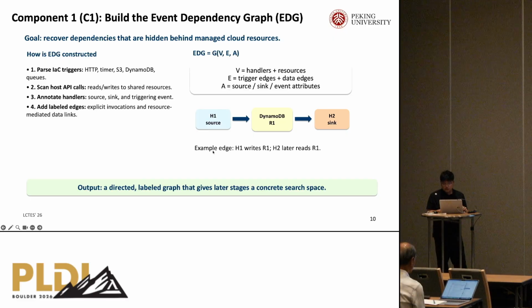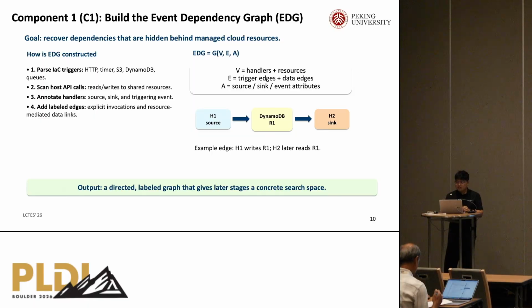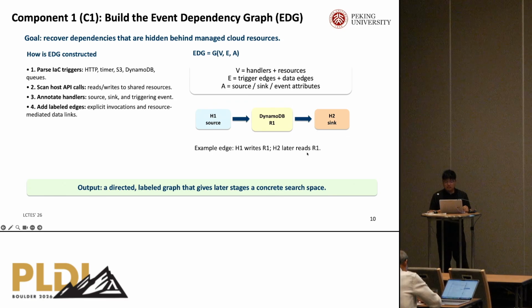Then we introduce the three components. Component 1 solves challenge 1 by building the event dependency graph, abbreviated as EDG. The input is IaC plus handler source code. First, SymFlow parses declared triggers such as HTTP, timer, S3, DynamoDB, and queues. Second, it scans host API calls to discover which handlers read or write shared cloud resources.